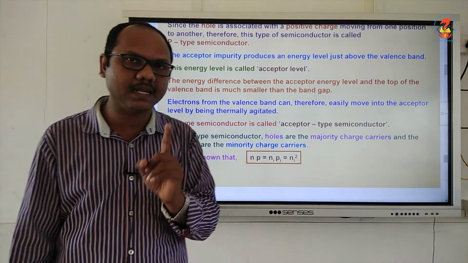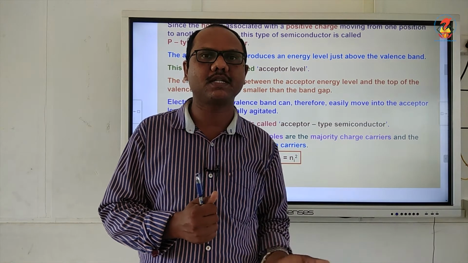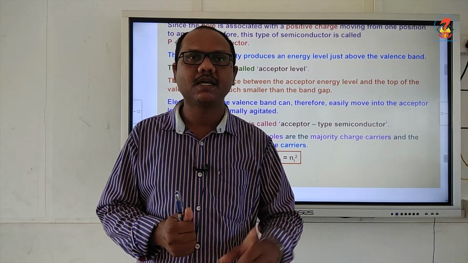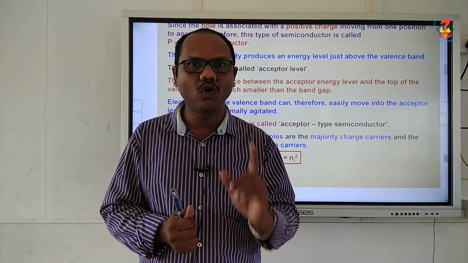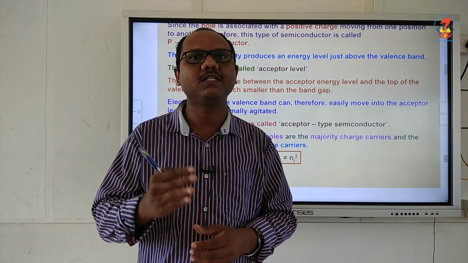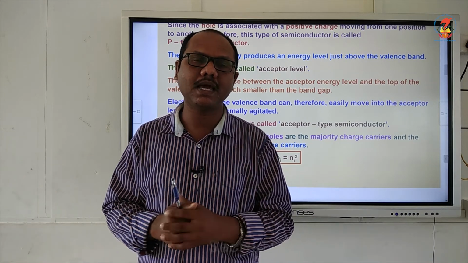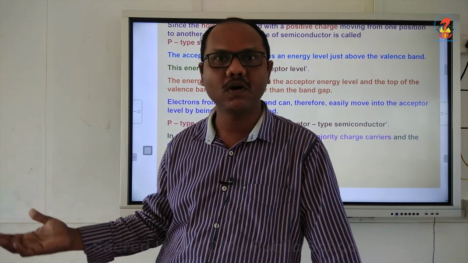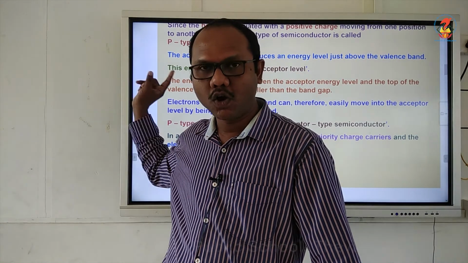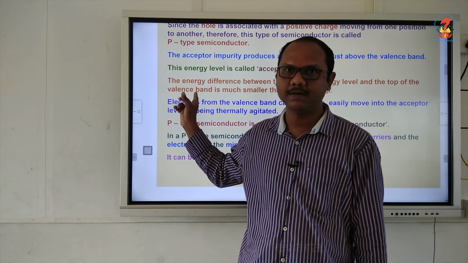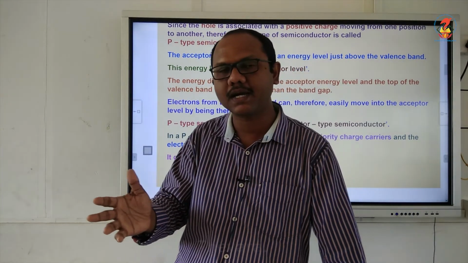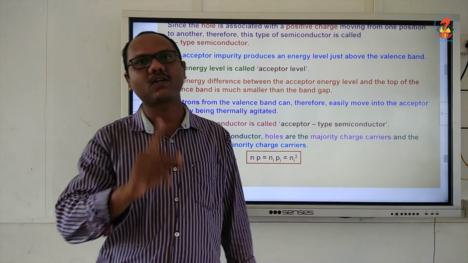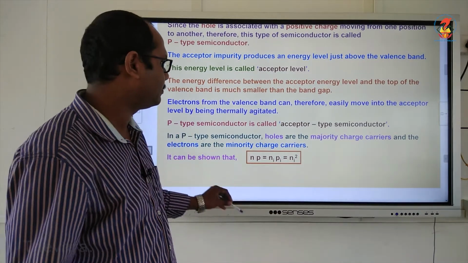In N-type semiconductor, electrons are the majority carriers, holes are the minority carriers. So here which current is more, electronic current or hole current? Yes, hole current is more here. In P-type semiconductor, hole current is greater than electronic current, whereas in N-type semiconductor, electronic current is greater than hole current.